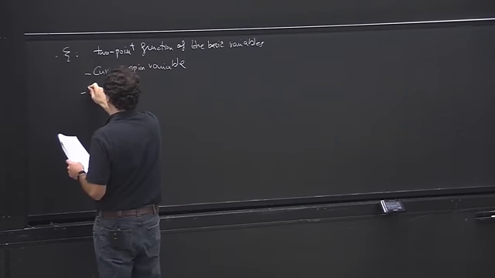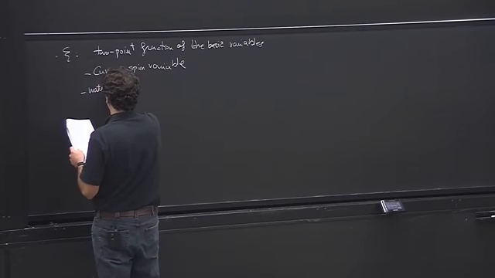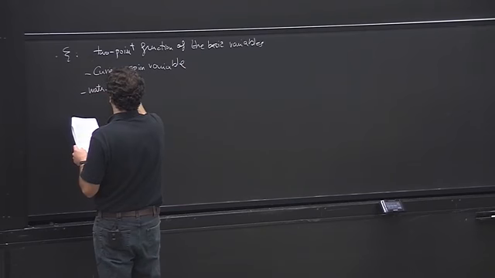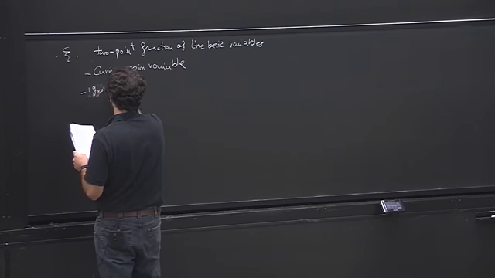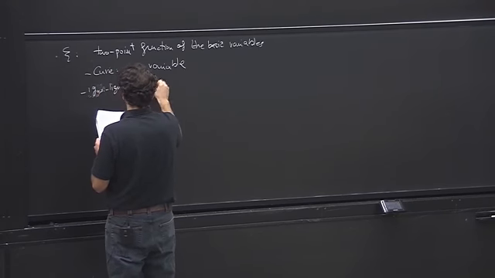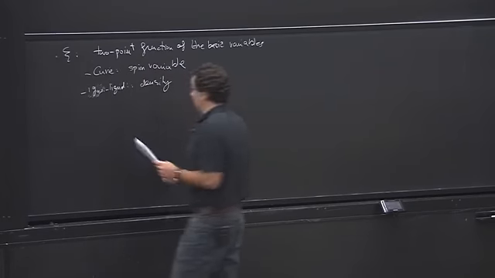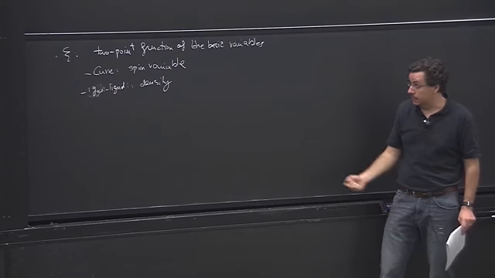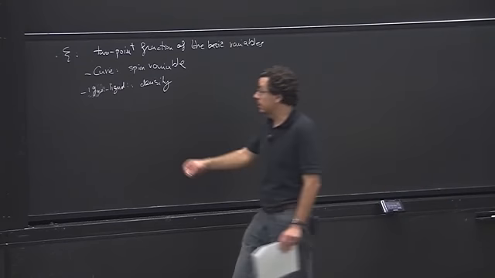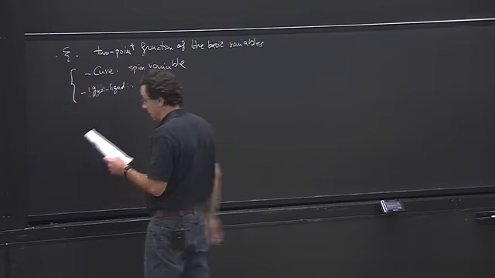Or in the liquid-gas transition, this will be the density. I already mentioned yesterday that these are the basic macroscopic variables that drive the fluctuations in these systems.